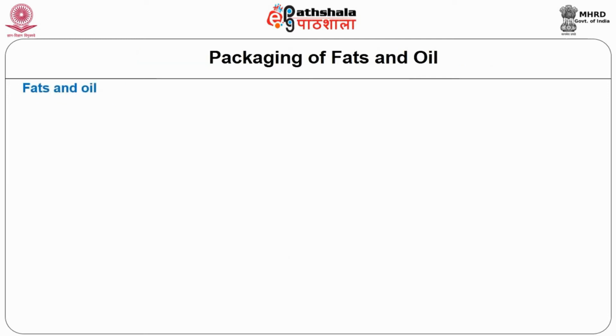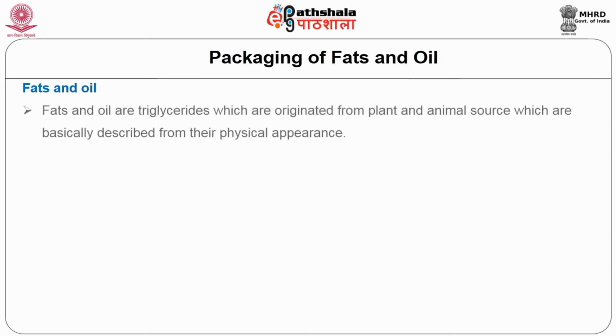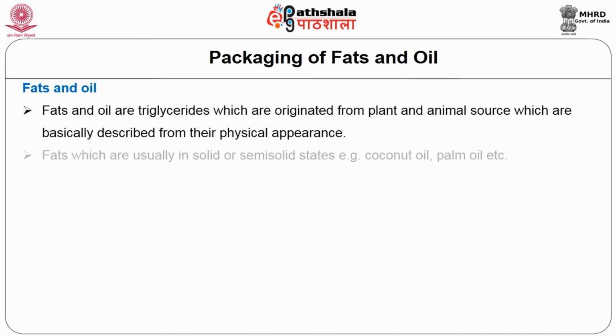The second part of this lecture is about packaging of fats and oils. Fats and oils are triglycerides which originate from plant and animal sources, and are basically described by their physical appearance.